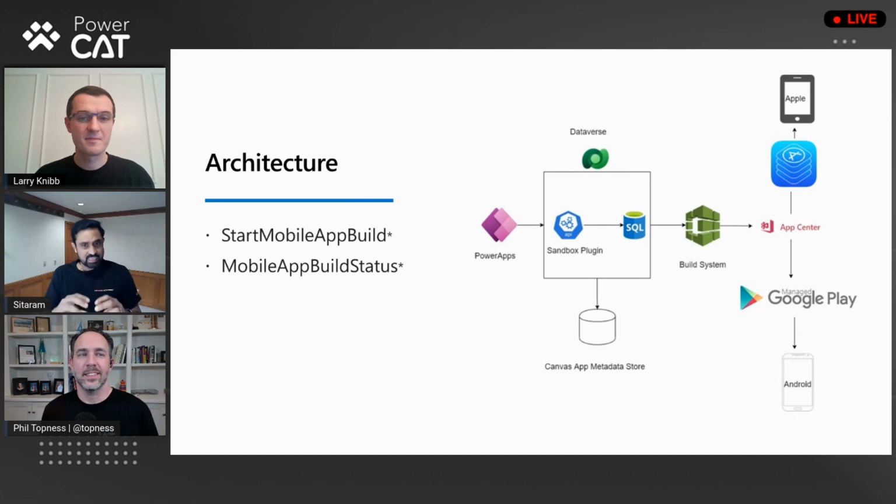The Dataverse exposes a few APIs, which you can use to upload your assets like icons, your descriptions, and everything. Once the assets are in the Dataverse, you have a new API, which is start mobile app build. If you trigger that, that's going to start the build process behind the scenes and give you APK file and IPA file through App Center. You can download it and distribute it.